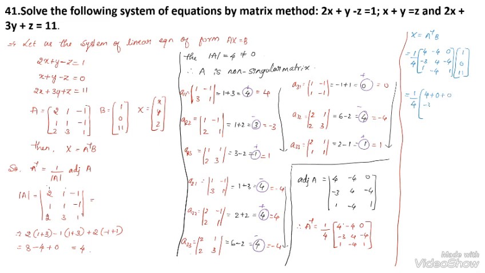Minus 3 into 1 is minus 3, 4 into 0 is 0, minus 4 into 11 is minus 44. 1 into 1 is 1, minus 4 into 0 is 0, 1 into 11 is 11. Then 1 divided by 4 into 4, here minus 44, and 11 plus 1, that is 12.